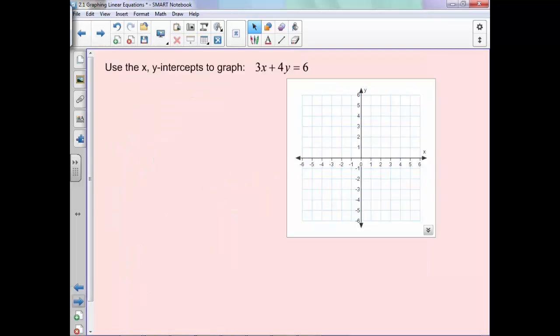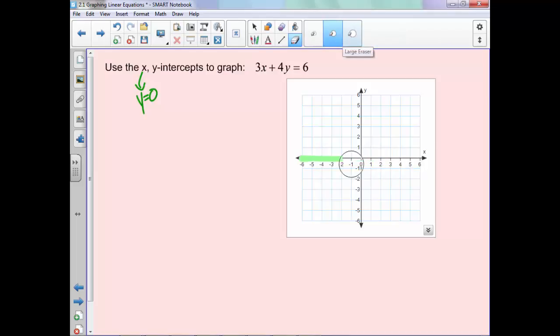Alright, another way to graph this is to use intercepts. Well, think about when you have an x-intercept, that means it's when it crosses the x-axis. So notice for your x-intercept, your y value is always going to be 0 because you're not moving up or down in any y direction.